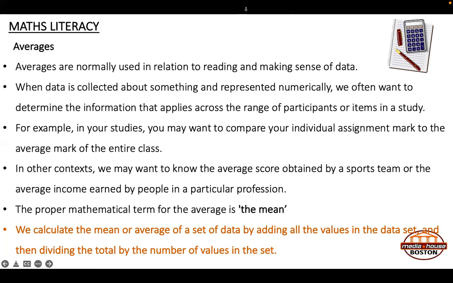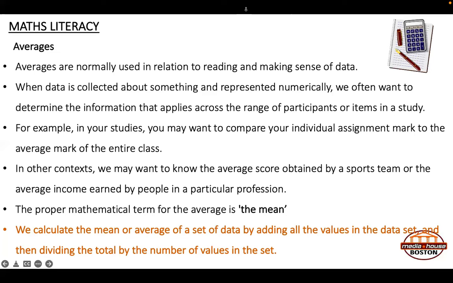In other contexts, we may want to know the average score obtained by a sports team or the average income earned by people in a particular profession. So when you start working, you'll want to know what the average salary of a journalist in South Africa is. Then you'll do some research and you'll see it's 250,000 Rand a year, the average.